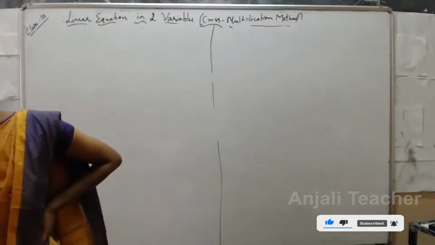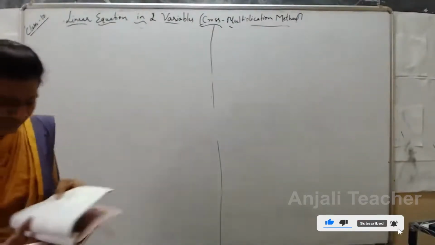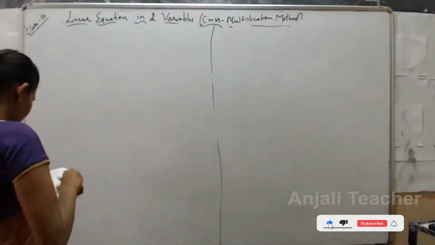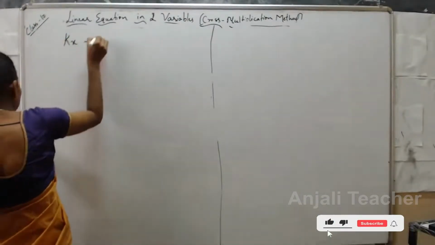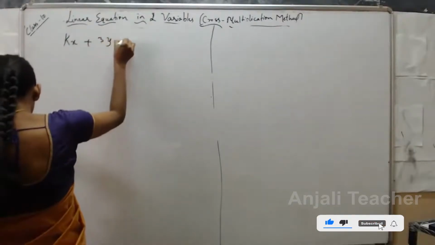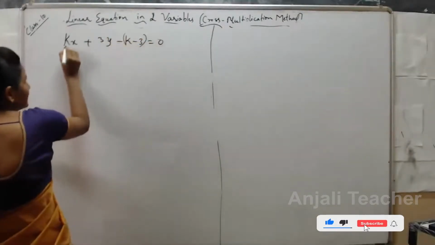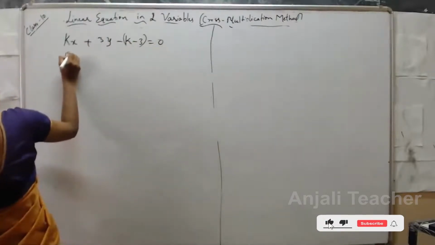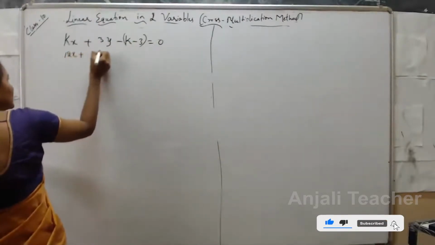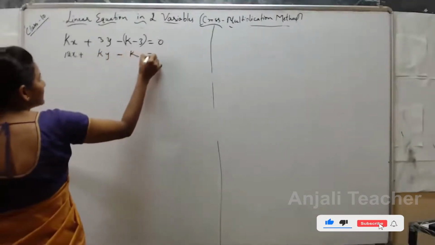Now what are the given equations? Kx plus 3y minus k minus 3 is equal to 0. This is A1, this is B1, this is C1. Next, another equation: 12x plus ky minus k is equal to 0.